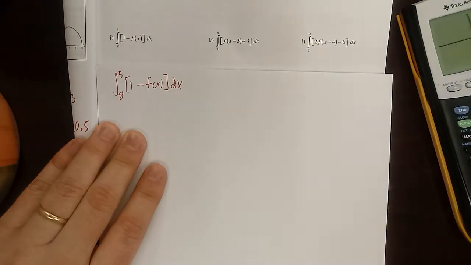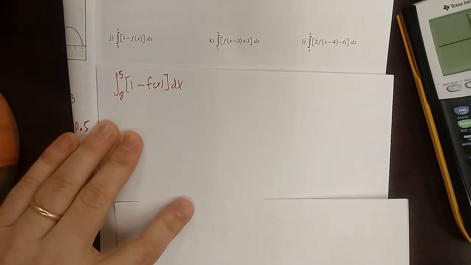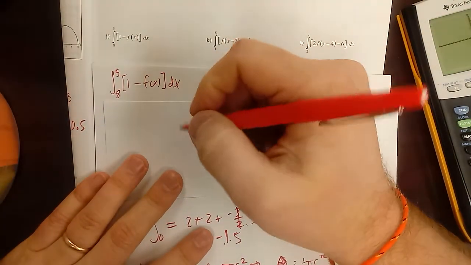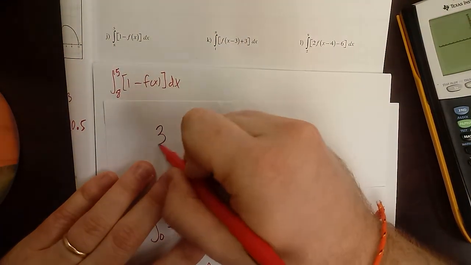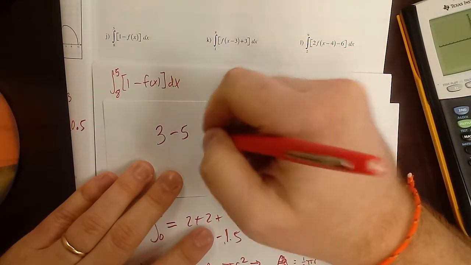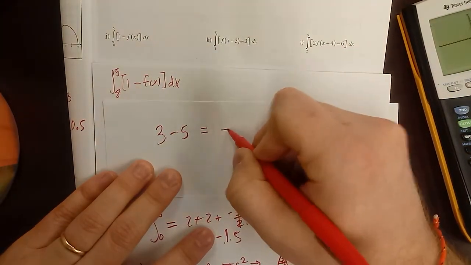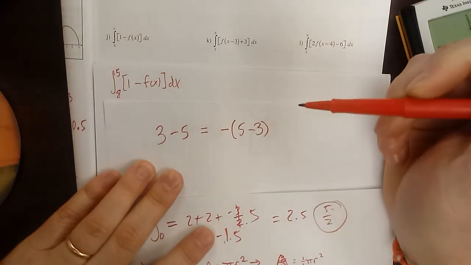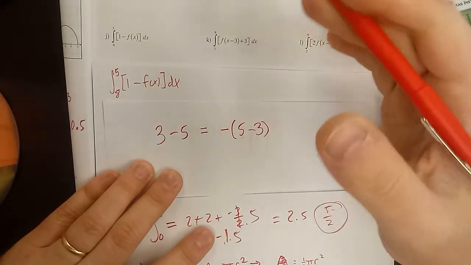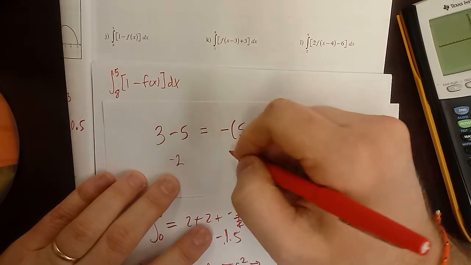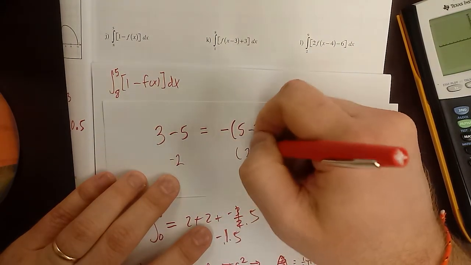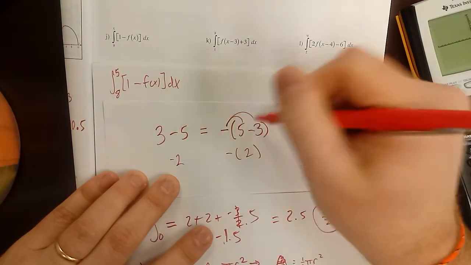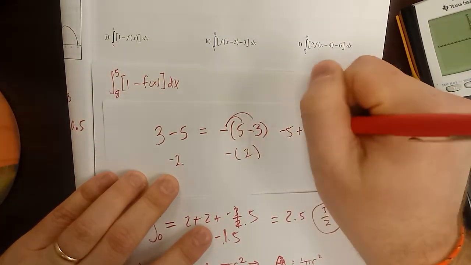The trick I'm about to do is a mid-level algebra trick. 3 minus 5 is the same as negative 5 minus 3, right? If you don't believe me, 3 minus 5 is negative 2. This is regular 2 with a negative out front. Or you could distribute the negative and get negative 5 plus 3.